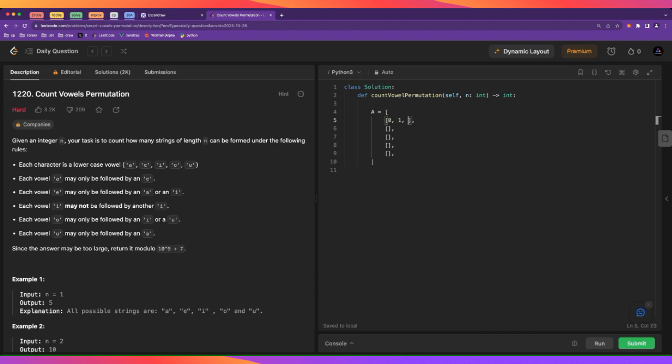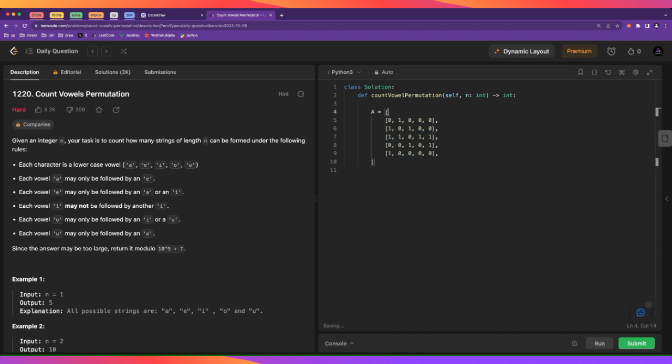A goes to E, then E goes to A or I, then I goes to everything except itself, O goes to I or U, and U goes to A only.